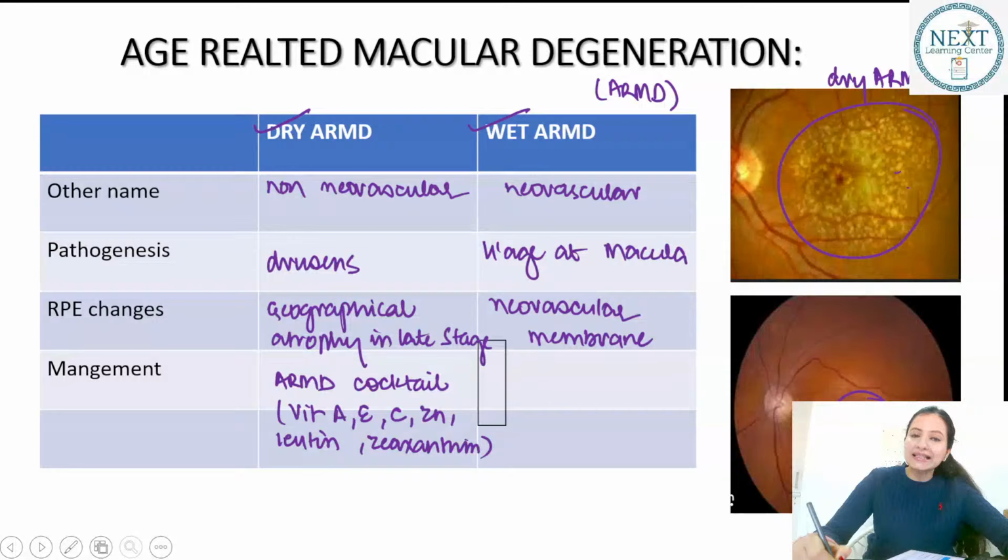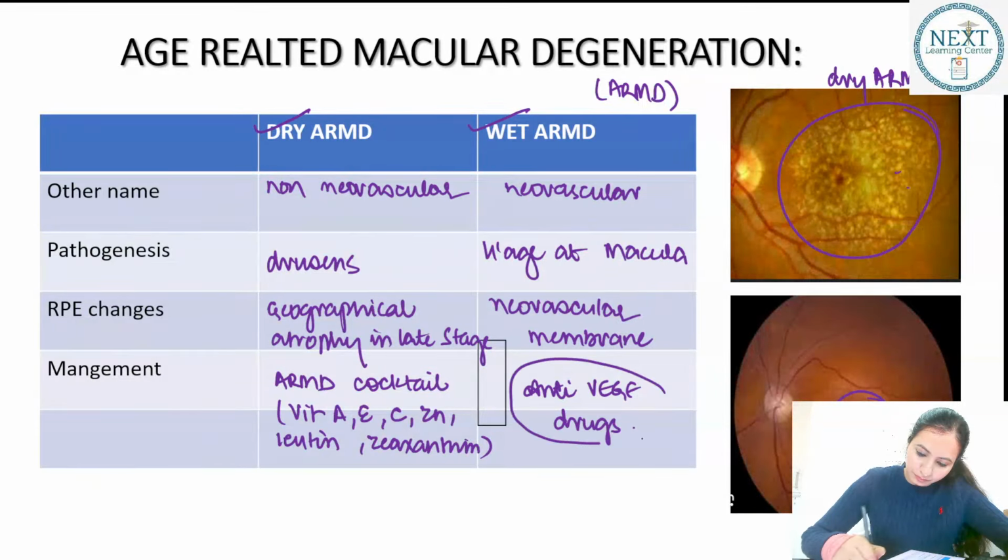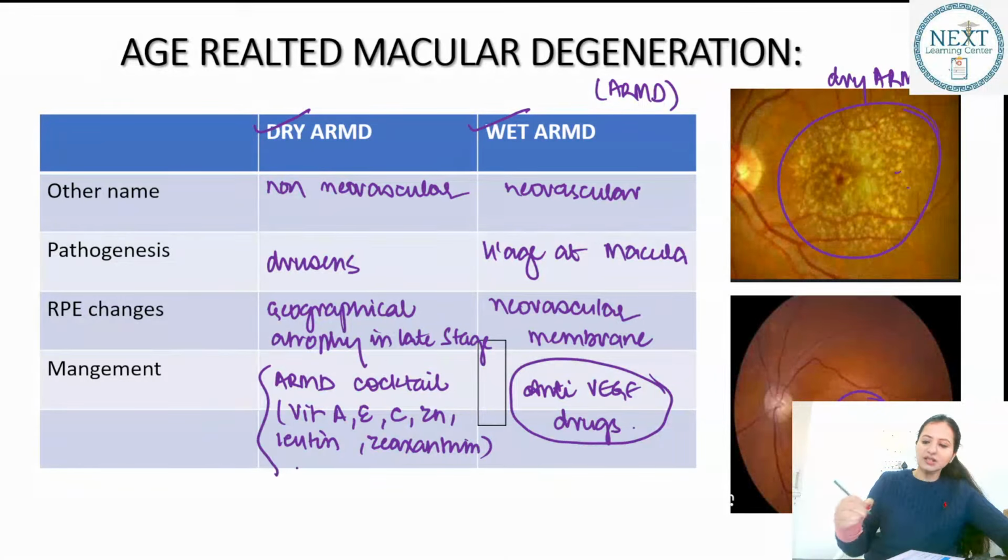Wet ARMD, since there is neovascularization. Neovascularization anywhere in the retina, one management. Go for anti-VEGF drugs. Okay, so this is how you manage ARMD, dry ARMD and your wet ARMD. I hope I am clear till here.